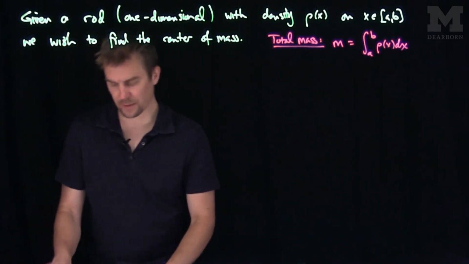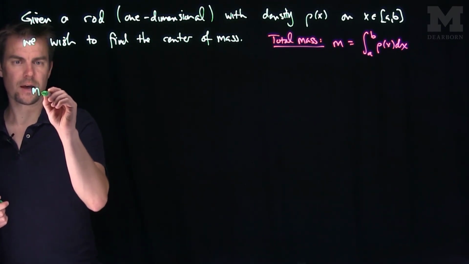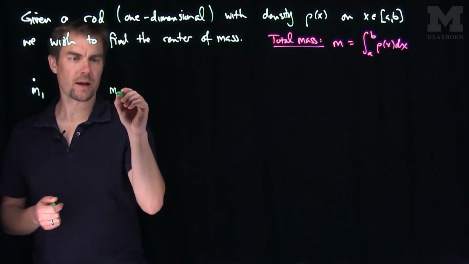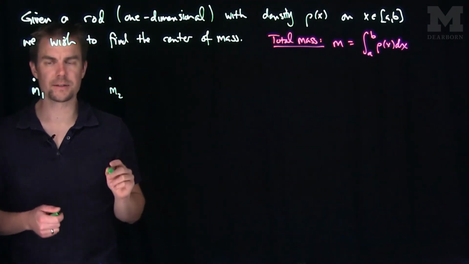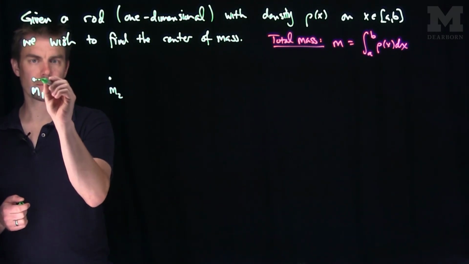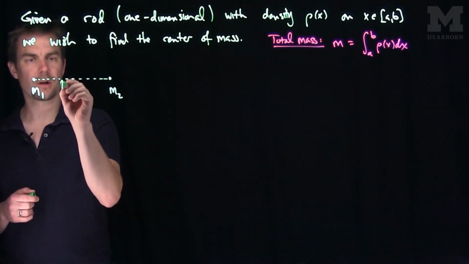Now, let's think of a simple situation. If I have a mass m1 at a particular point, and then I have a mass m2 at a different point, then the center of mass lies somewhere in between there. Just two masses. The center of mass I'm going to call x bar.